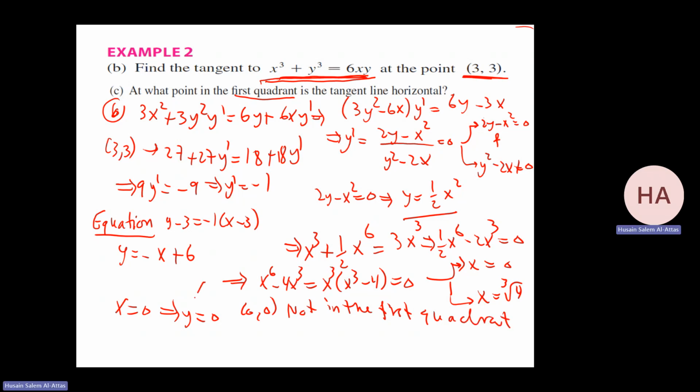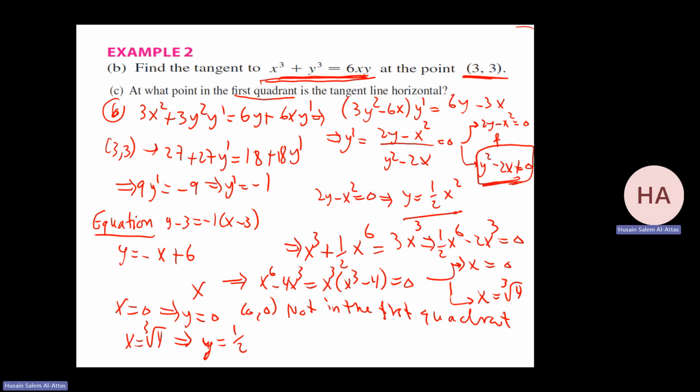So this is rejected. Do the other one. x will be cube root of 4. I'm getting what? Where is it? y equals half. And also satisfying this, huh? So this is rejected for 2 reasons: not in the first quadrant and satisfying this condition.